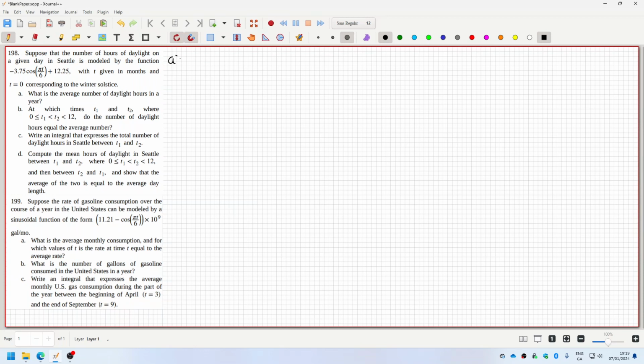So that would be 1 over 12, integral from 0 to 12, of minus 3.75 cos pi t over 6 plus 12.25 dt.